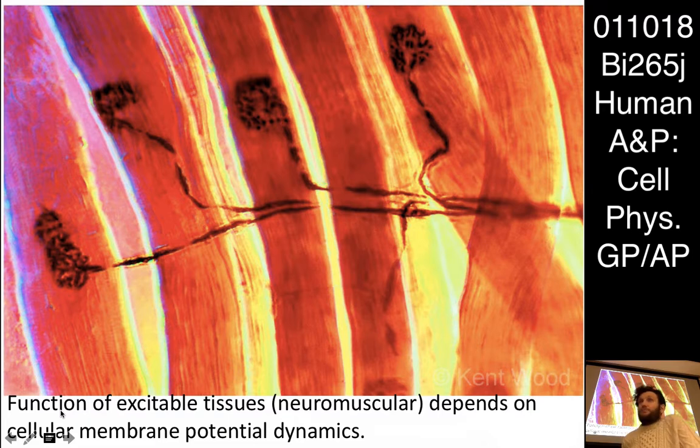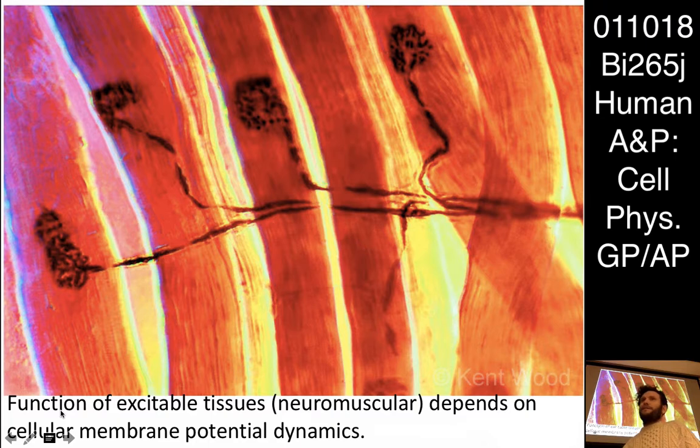So this represents both sorts of excitable tissue. The point of this slide is simply to say that the function of excitable tissues, neuromuscular tissues, depends on cellular membrane potential dynamics.